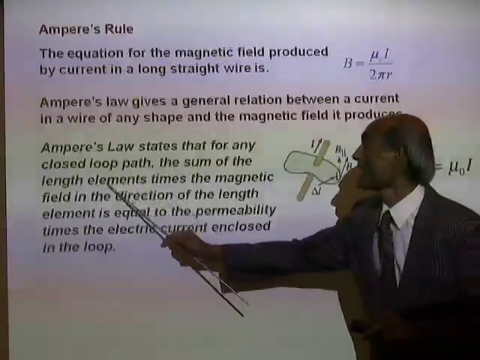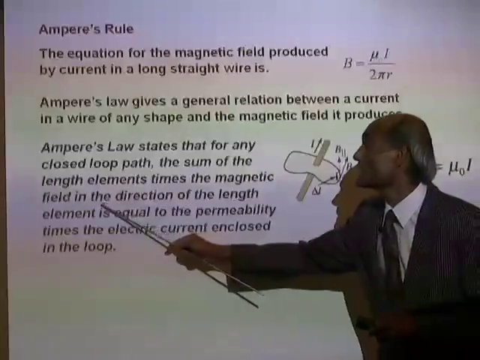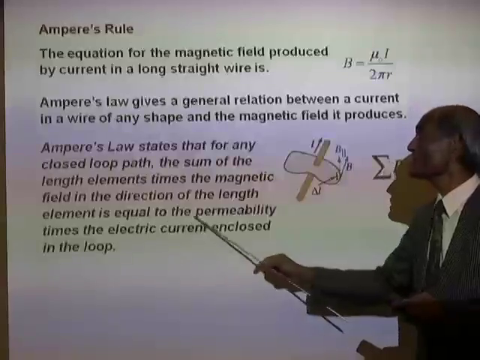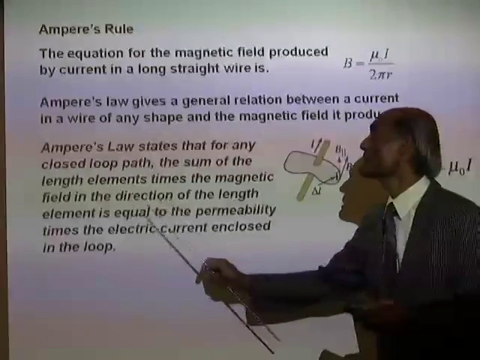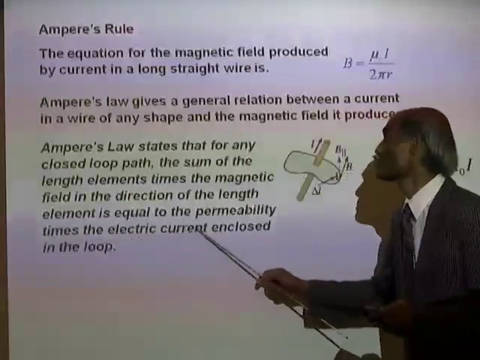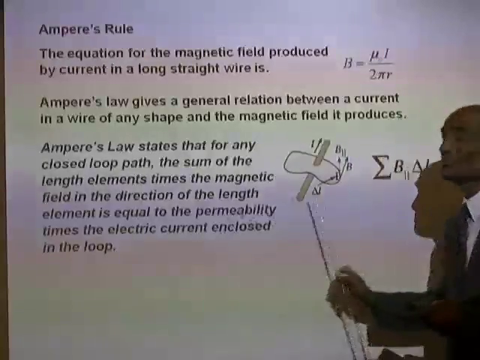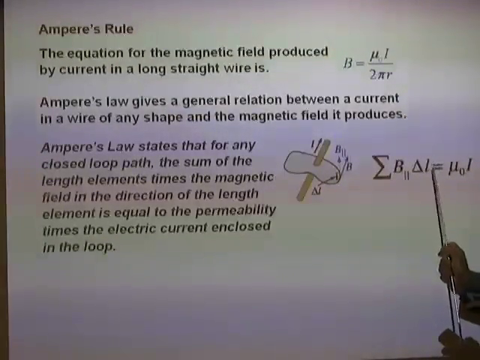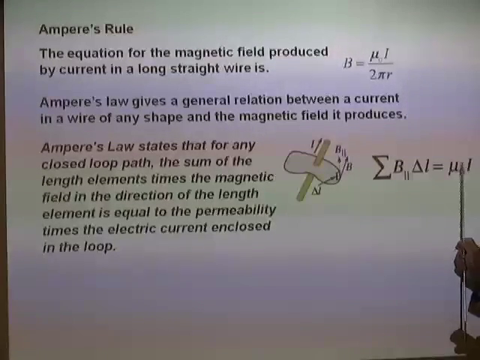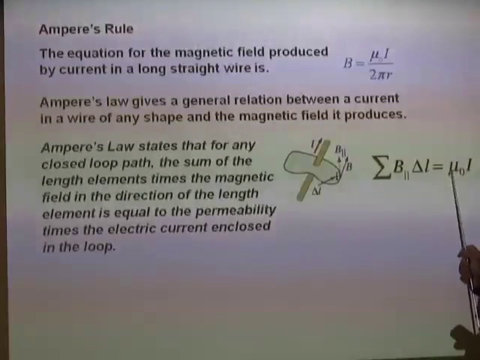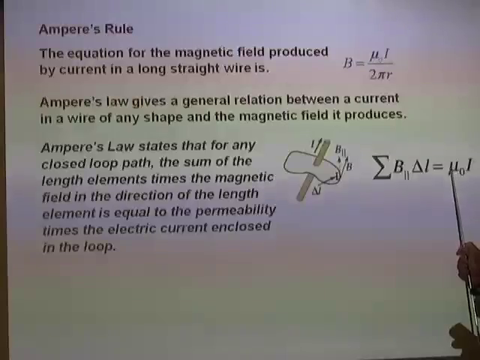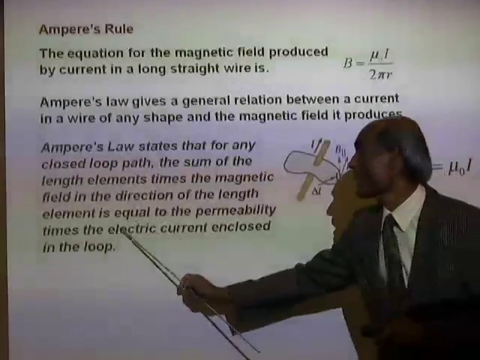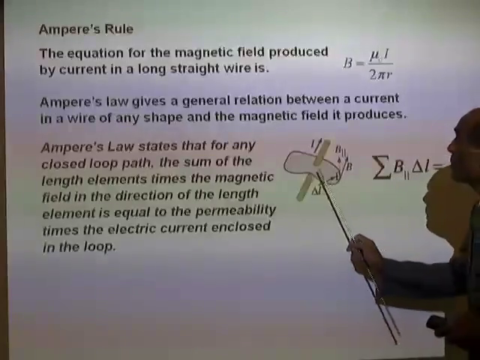The sum of the length elements times the magnetic field in the direction of the length element is equal to the permeability times the electric current enclosed in the loop. So summation B parallel times delta L is mu 0 I. If you cannot see this on the screen, the right side of the equation is mu 0 I, permeability times the electric current enclosed in the loop.